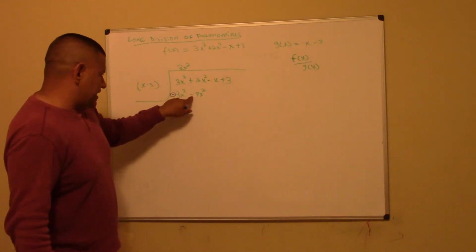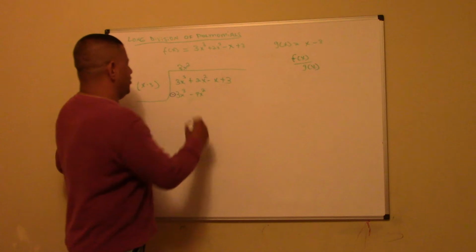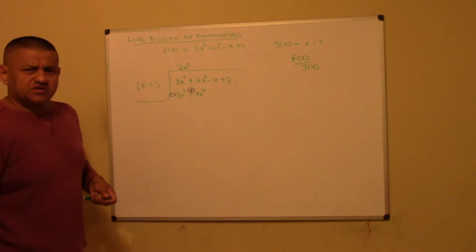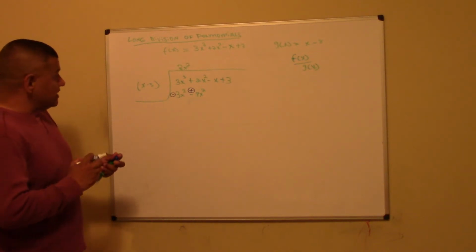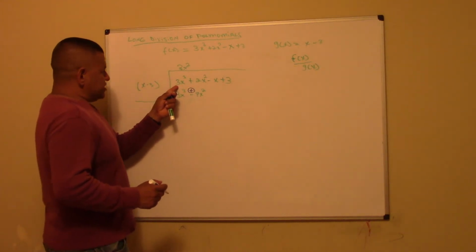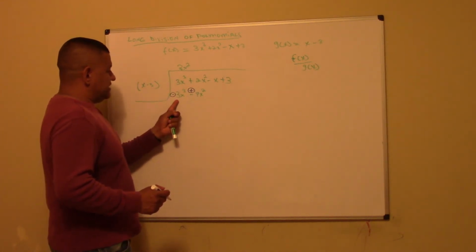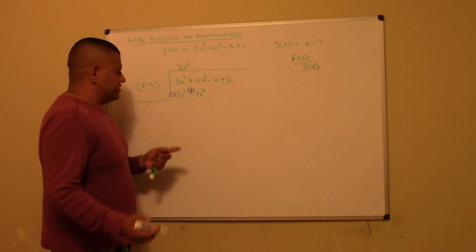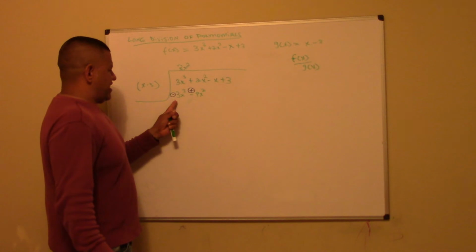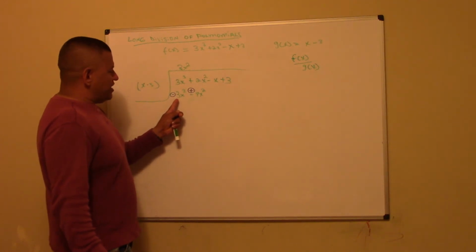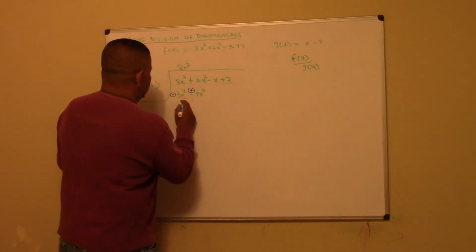Over here it is a negative, so I put a positive and circle it. Then I subtract, or add them together, whatever you call it. When you do this operation, 3x cubed plus a negative 3x cubed is equal to 0.